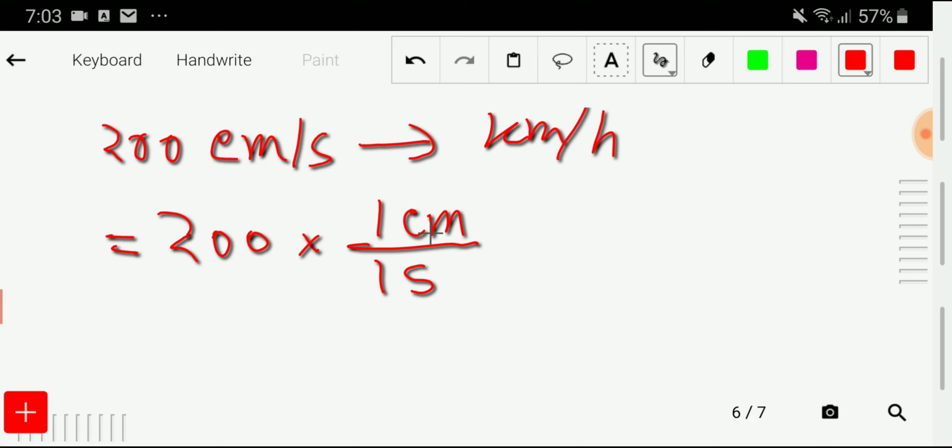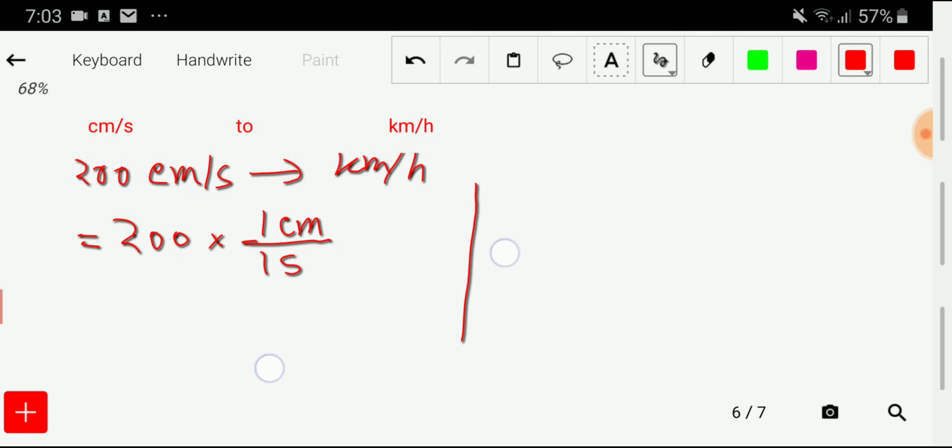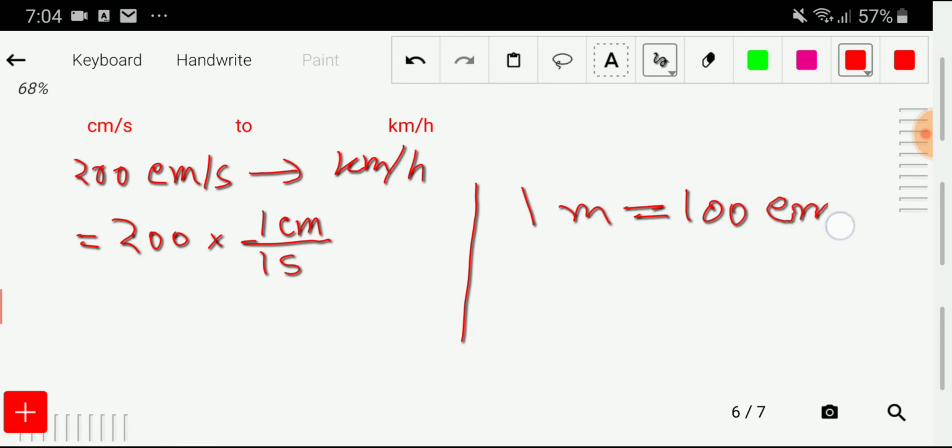Now I have to put a value for the 1 centimeter. So how can I put a value for this? We know that 1 meter equals 100 centimeter. At first we have to convert this centimeter to meter, then we have to convert meter to kilometer.